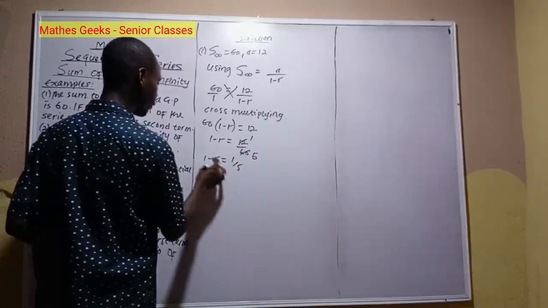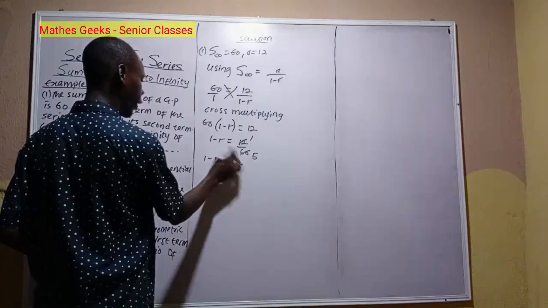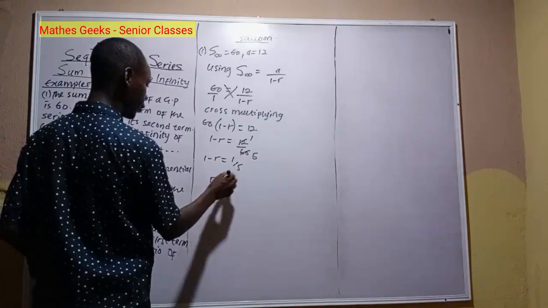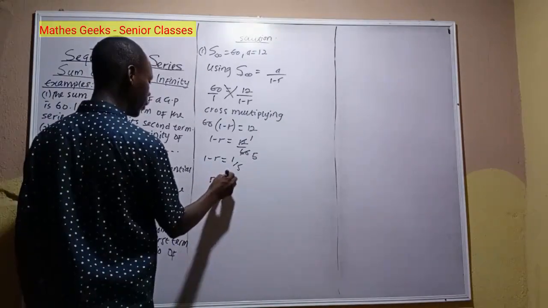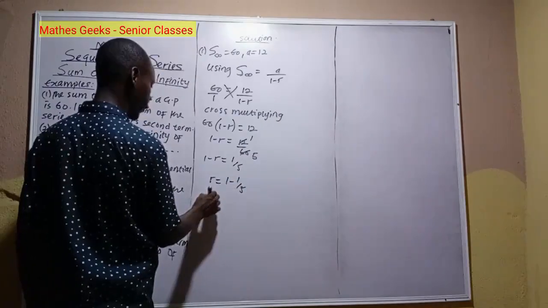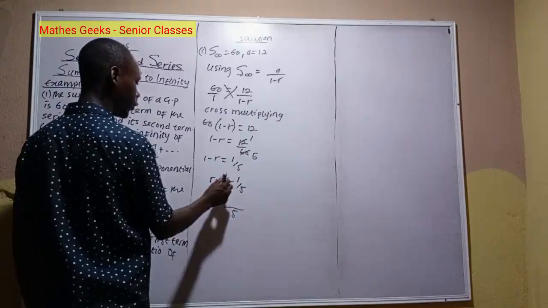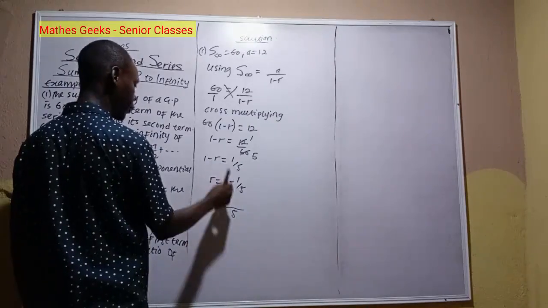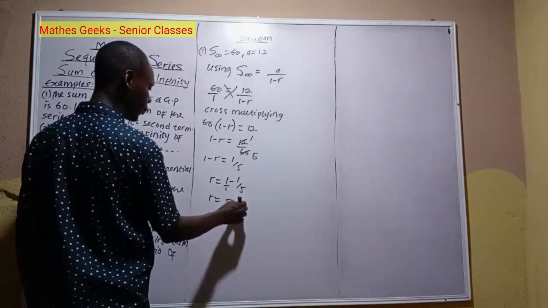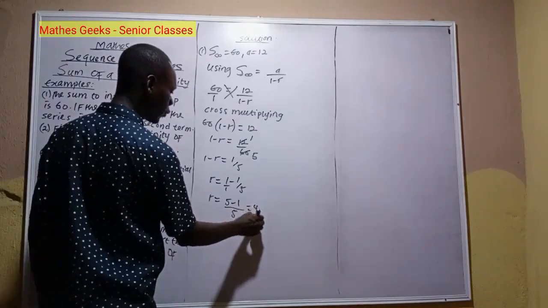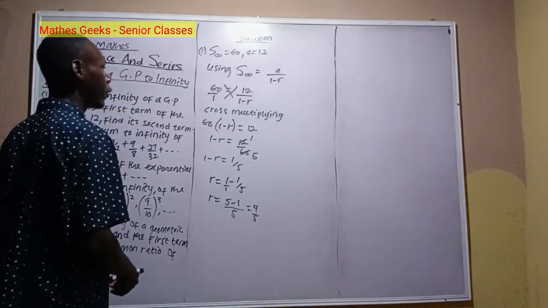So bring minus r to one side and 1 over 5 to the other side. r is equal to 1 minus 1 over 5. The LCM is 5, so 5 minus 1 is equal to 4 over 5. So the common ratio is 4 over 5.